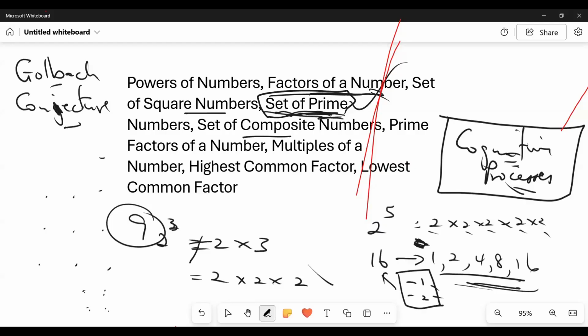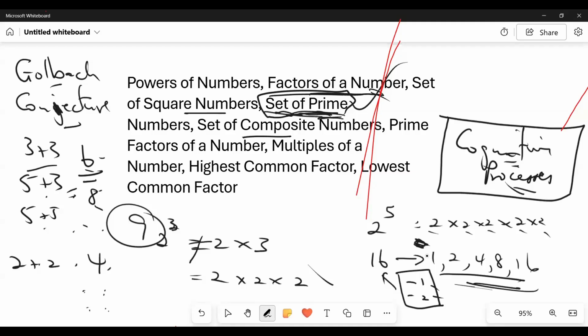Like 6 is 3 and 3. 8 is 5 and 3. 10 is 5 and 5. I think even 4 works, because it's 2 and 2. This is prime and that's prime, right?